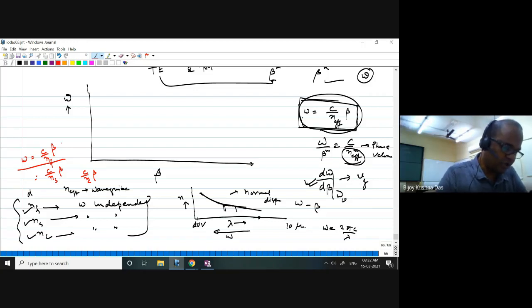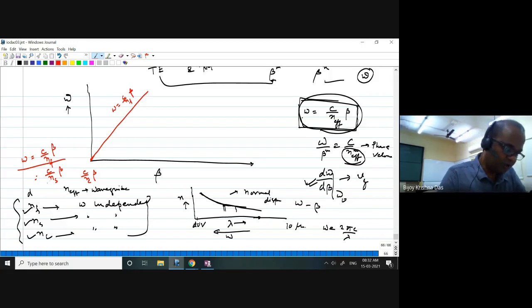So omega versus beta is basically a straight line. So I can write this as the omega equal to C by NF beta curve. That means I'm considering a homogeneous medium of index NF. It should pass through the origin.